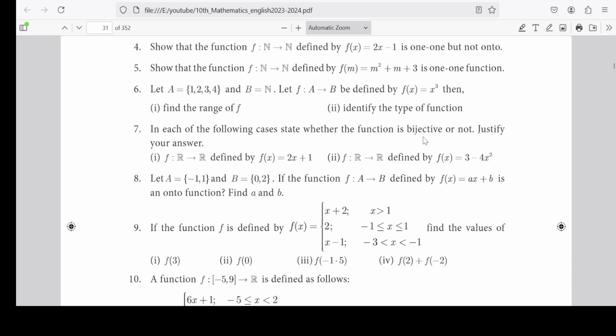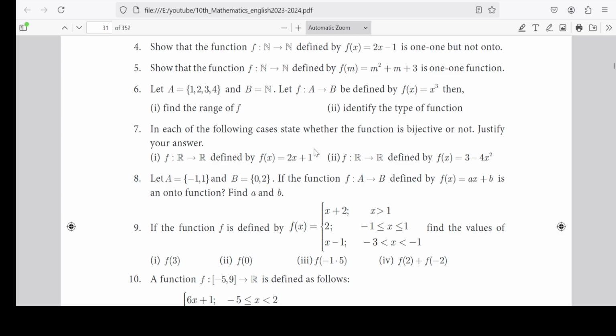Before starting this problem, we need to know what is bijective. A particular function is bijective means that function should satisfy two conditions.